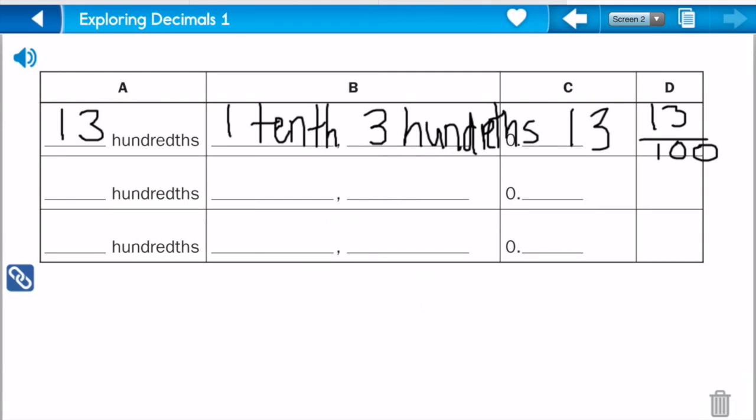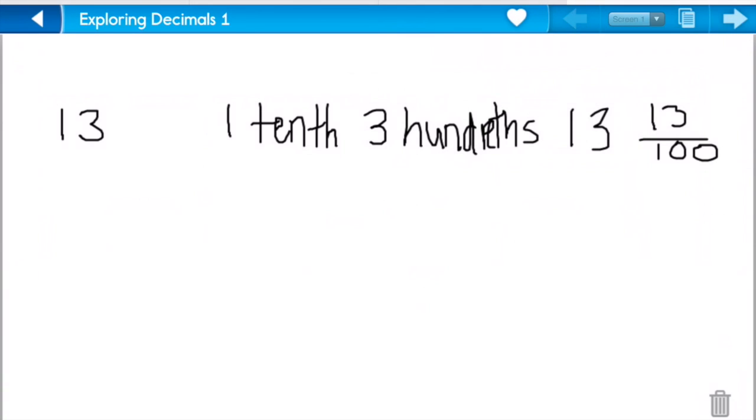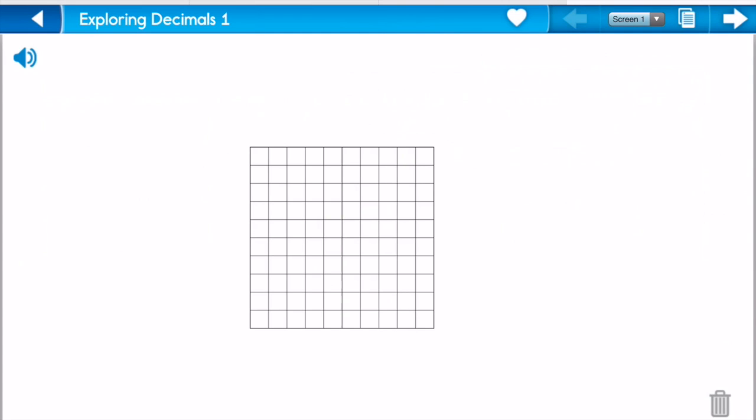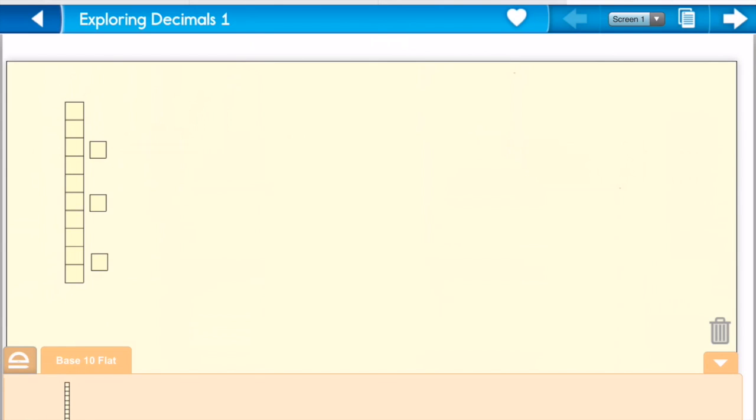Now let's do another example together. I'm going to make up another example using my base 10 blocks. This time, I'm going to do 7 hundredths.